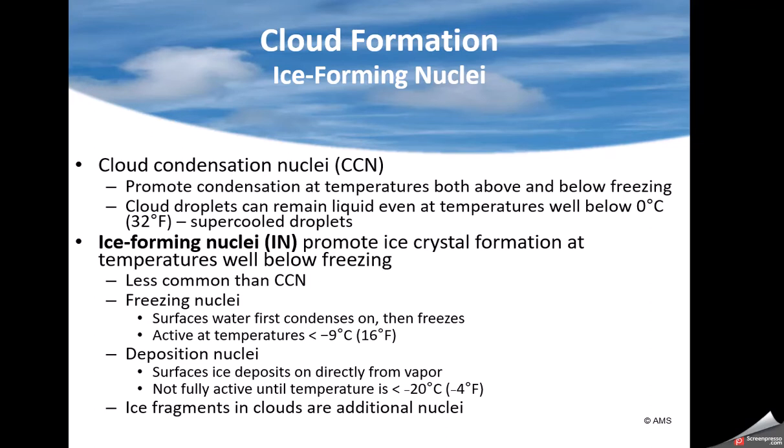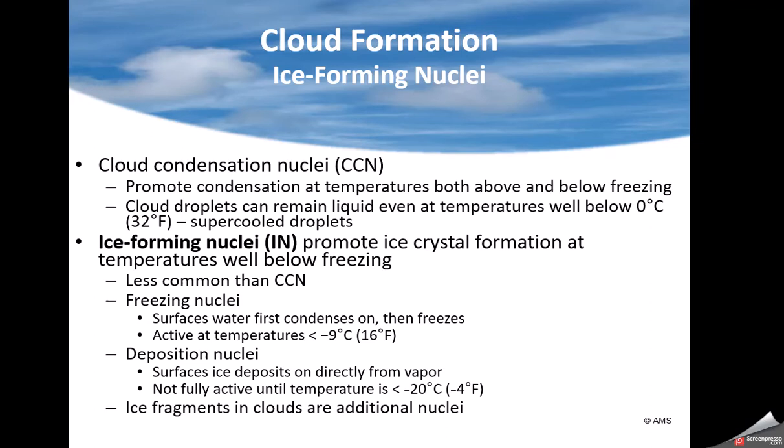So why do we have ice in clouds? Why do we have snow at the ground in the wintertime at 32 degrees or even above? Because we have ice forming crystals. And guess what? They're not exactly the same, but they have a lot of the same characteristics as cloud condensation nuclei. So with that, when these get into a cloud, they begin to allow it to freeze, usually around minus 10 degrees Celsius or 16 degrees Fahrenheit.